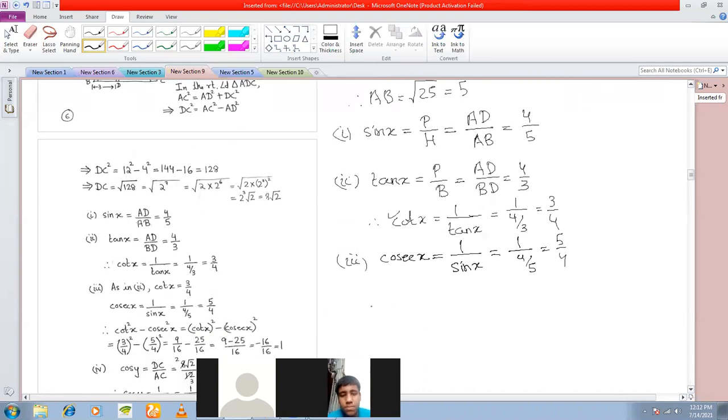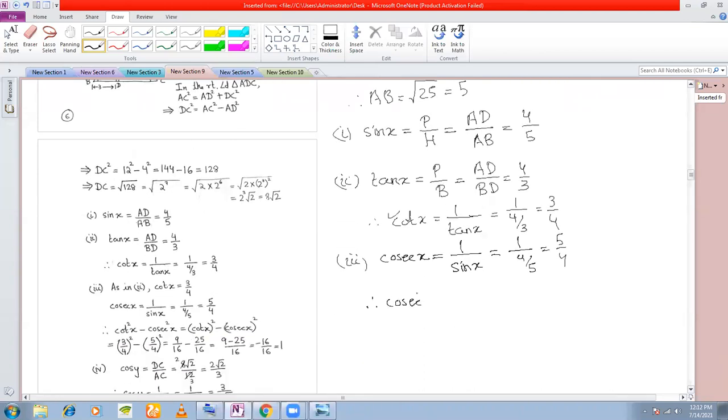Therefore cosec square x minus cot square x is equal to cosec x whole square minus cot x whole square. Cosec x is 5 by 4 square and cot is 3 by 4.